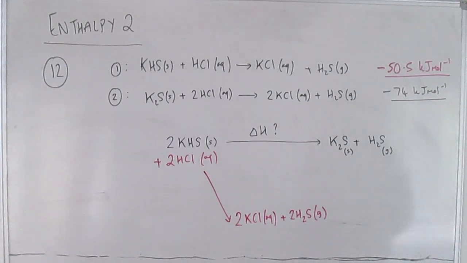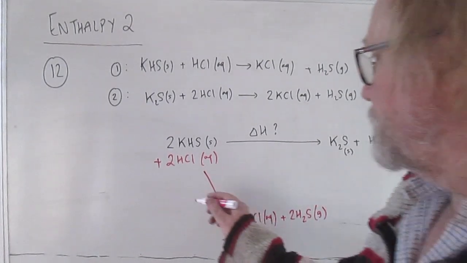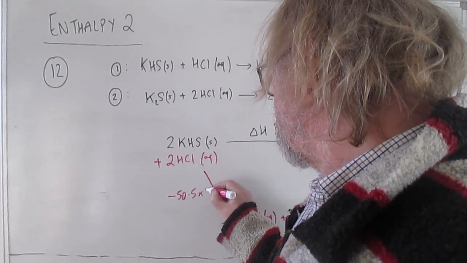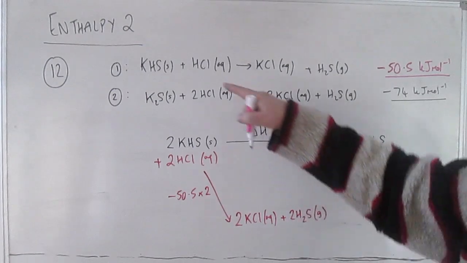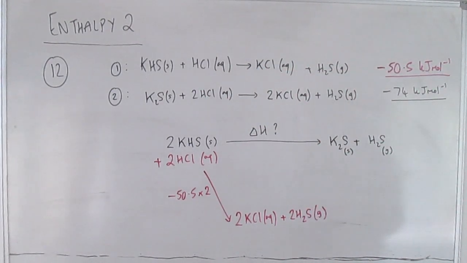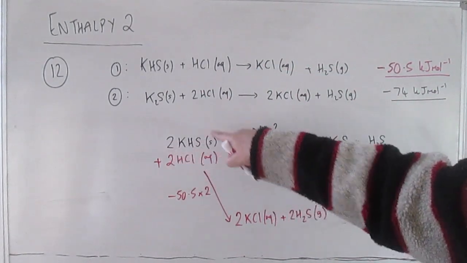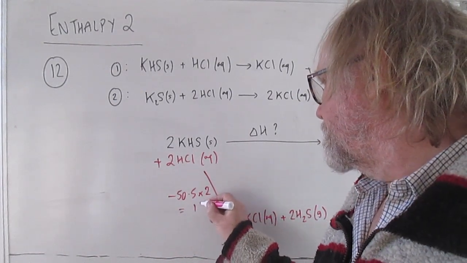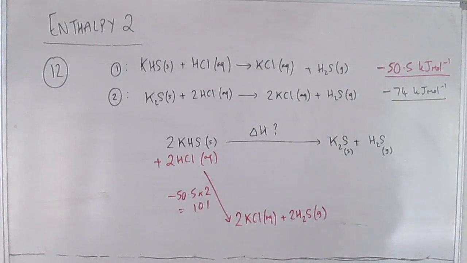Okay, and delta H for that reaction will be minus 50.5 times 2. Right, because when 1 mole of KHS reacts, it's minus 50.5, but we've got 2 moles reacting, so it's minus 50.5 times 2, which is minus 101 kilojoules per mole.